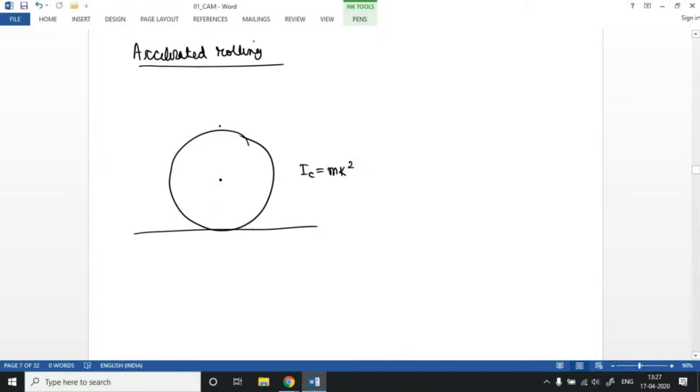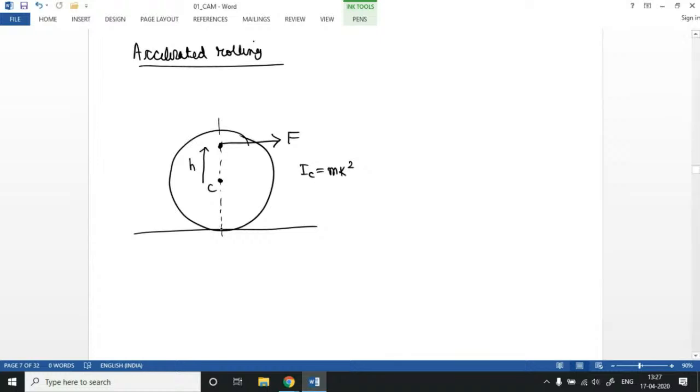Now a force is being applied on it in the horizontally rightward direction, at a height h from the center. And I wish to find out what would be its angular acceleration and the acceleration of its center of mass.